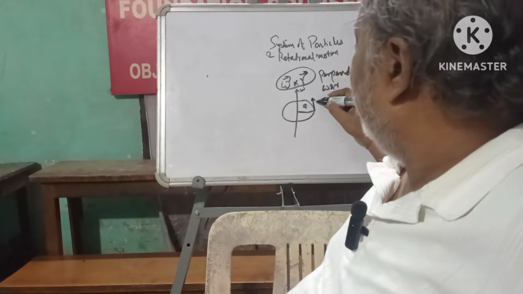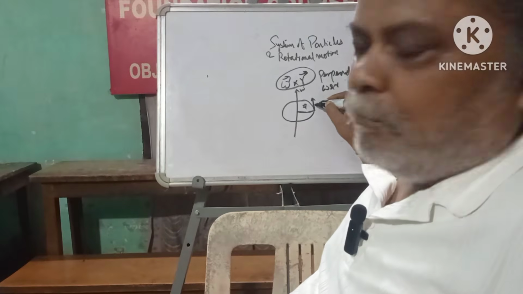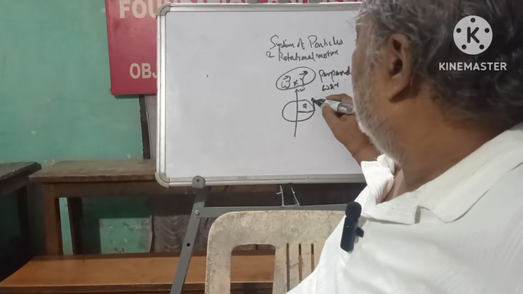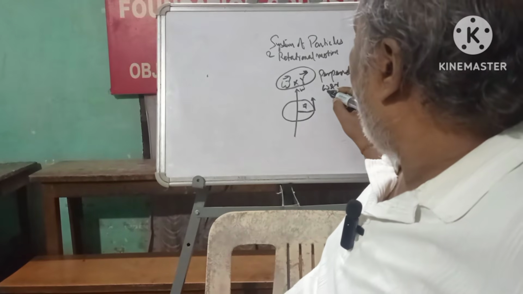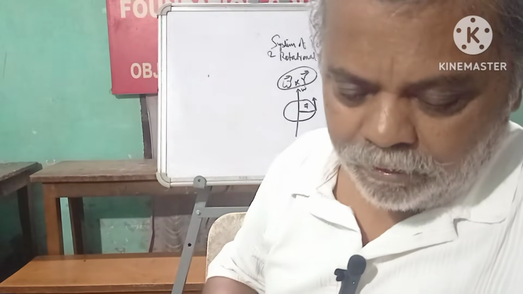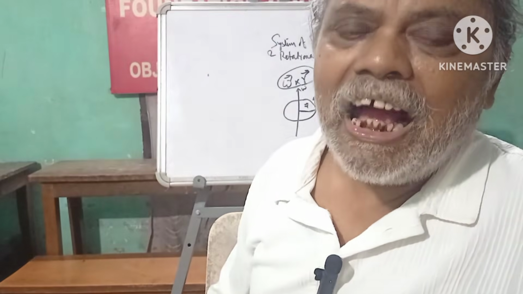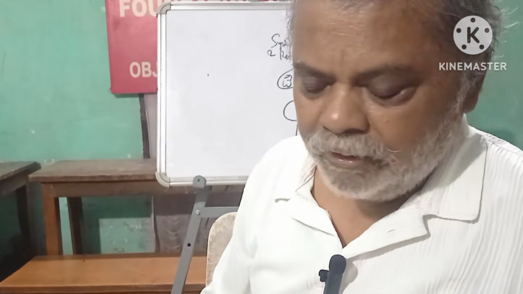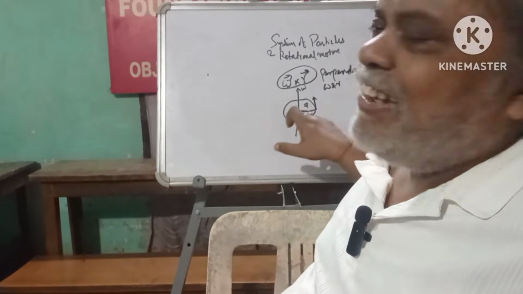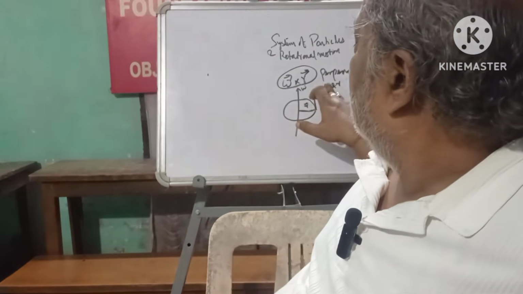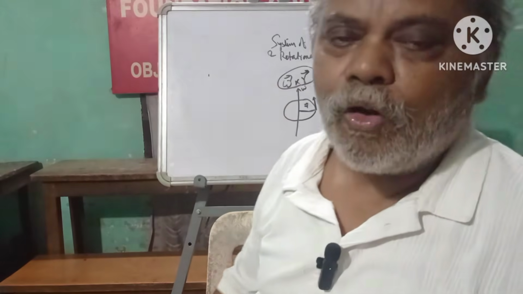This tangent is the direction of omega cross r. That means the vector omega cross r is perpendicular to omega and r, and therefore it will be the tangent to the circle.